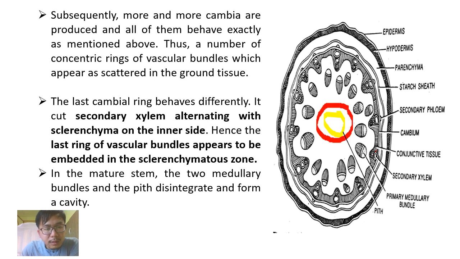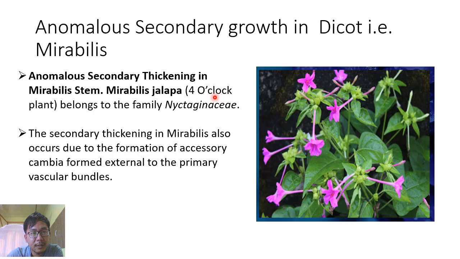So in the mature stem, this is one medullary bundle and this is another medullary bundle, and the pith disintegrates and forms a cavity. It will be broken down and form a cavity. All right, this portion is a cavity, and this is how it is formed.